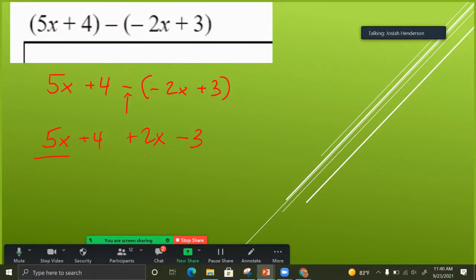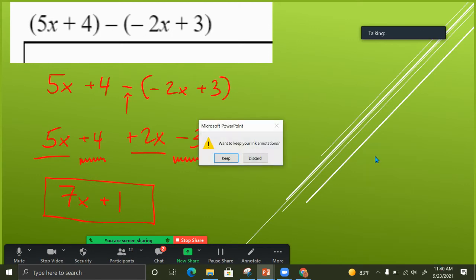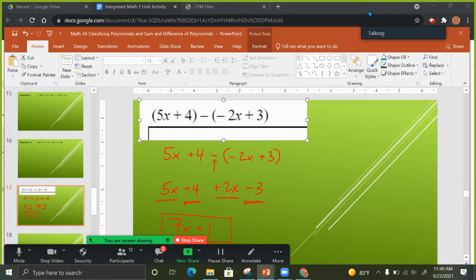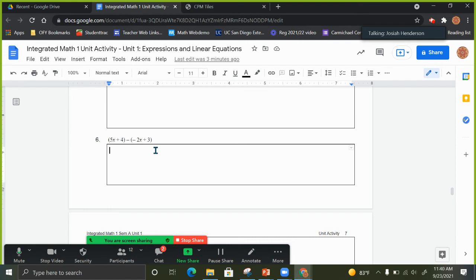So 5x plus 2x, 7x. Our plus 4 minus 3 is plus 1. So it looks like our solution here is 7x plus 1. So if I want to type my answer in, I'm just writing out 7x plus 1.